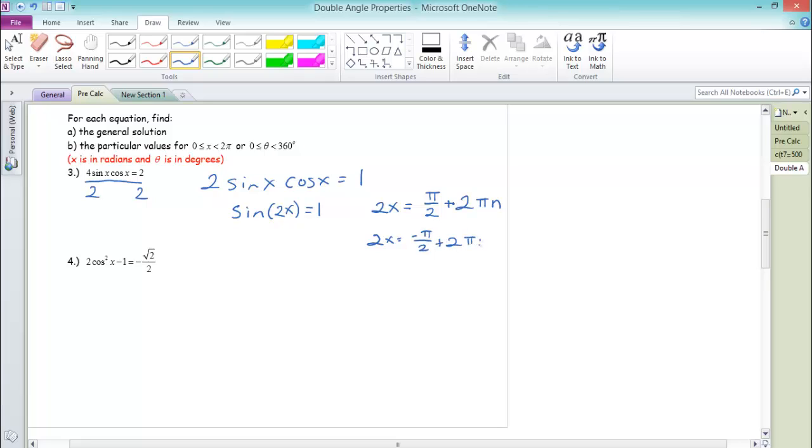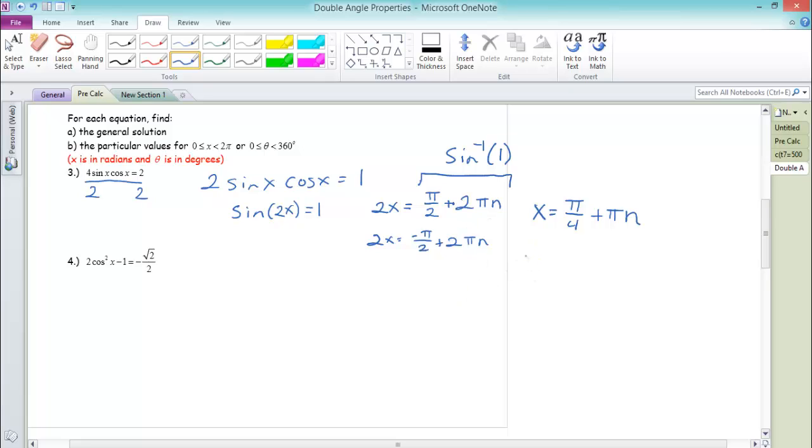We're going to notice that these are the same thing, and once I divide everything by 2, I get x is equal to pi over 4 plus pi n. This would be our general solution. Just so we remember, I got this solution from taking the arcsine of 1.